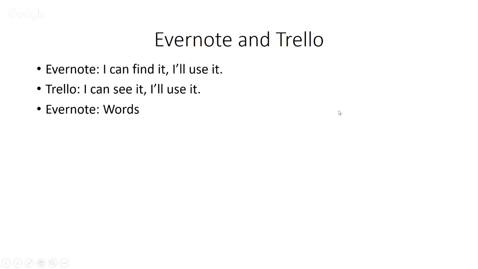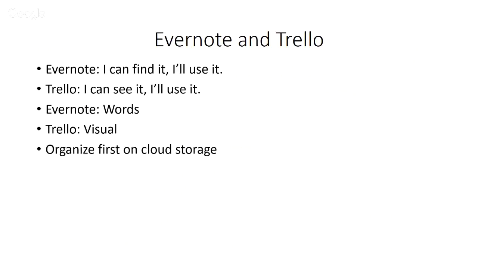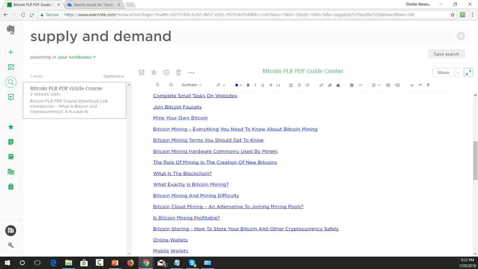So Evernote is based on words, Trello is visual. And actually, if I could restate that, I'd say Evernote's verbal, based on words. Trello is visual, right? I'm organizing so I can see it, and I can use it and do it. So again, the first step is to get your files organized as best you can in cloud storage.